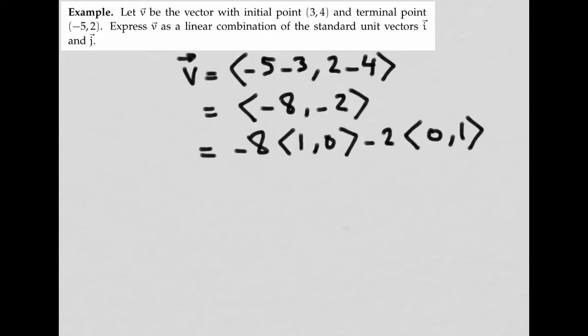You can easily check this by using the rules of addition, subtraction, and scalar multiplication of vectors, which is essentially done component-wise. So that's equal to minus 8i minus 2j. And that's the linear combination of the vector v in terms of the standard unit vectors i and j.